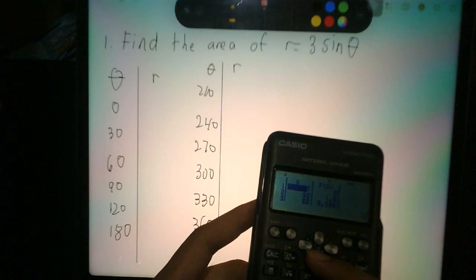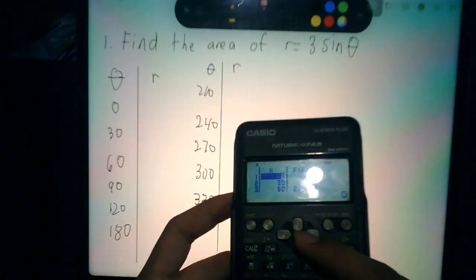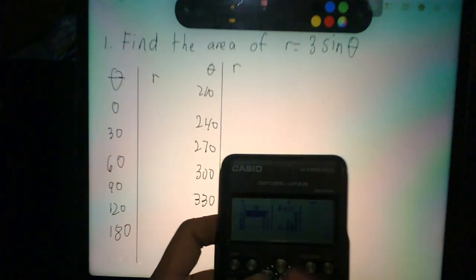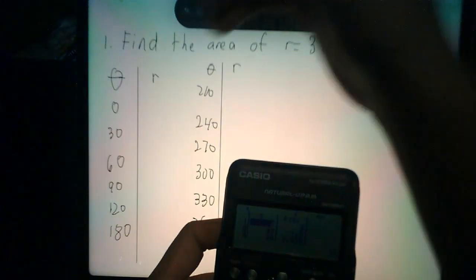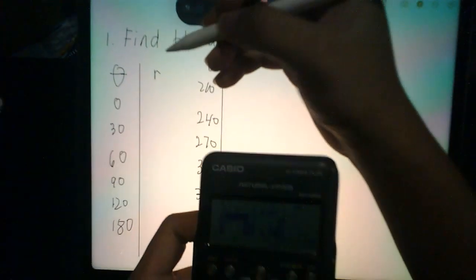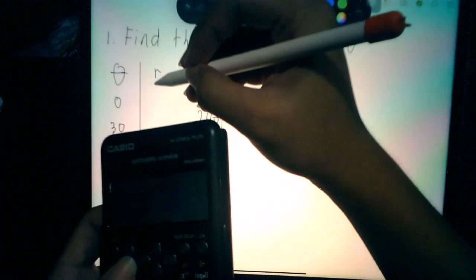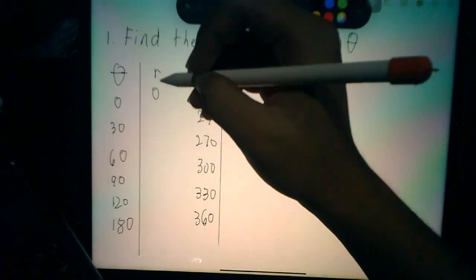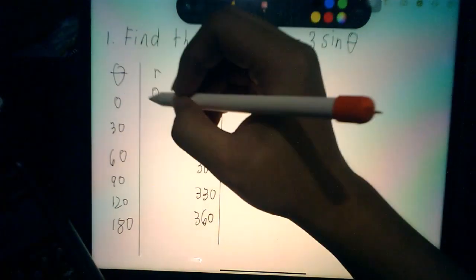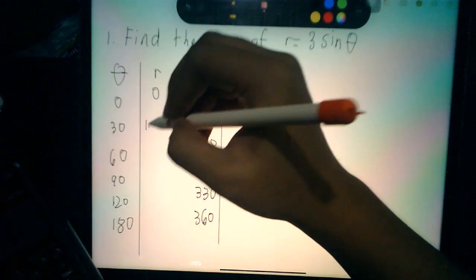Now we have here the values of our r. If theta equals 0, our r equals 0. If 30 is our theta, this becomes 1.5.